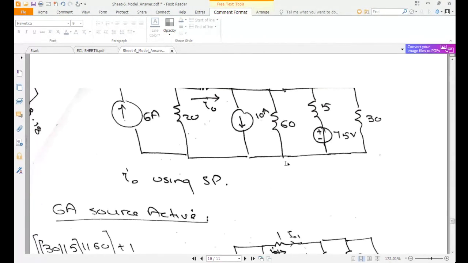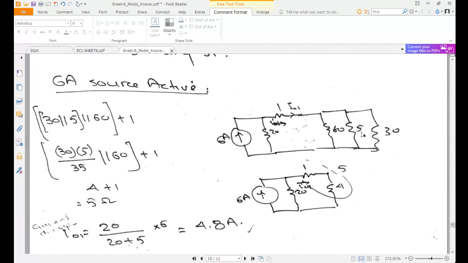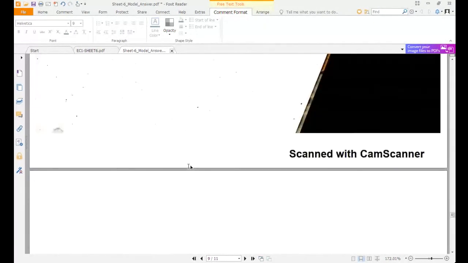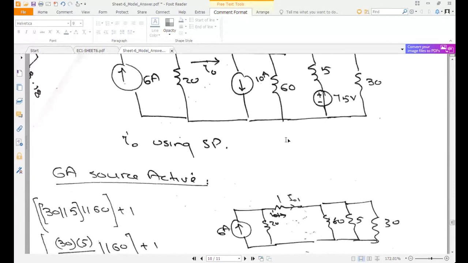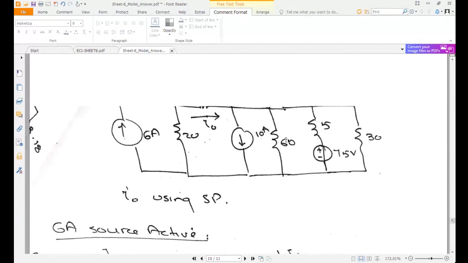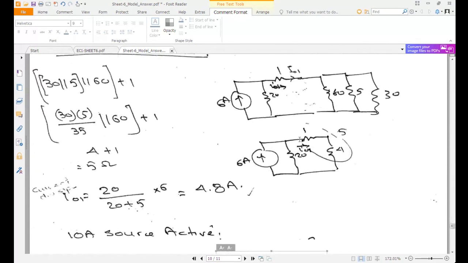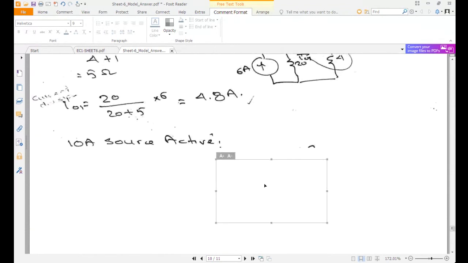This total resistance, just now we did here, 4 ampere, and what is the total here? 20 plus 1, 21. So we need this 20 plus 1, 21, this current, this current.